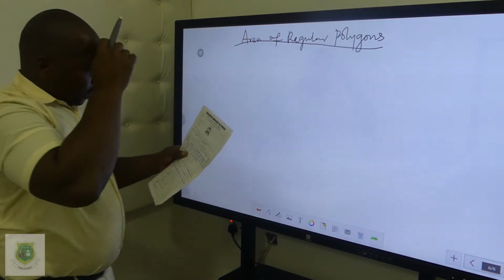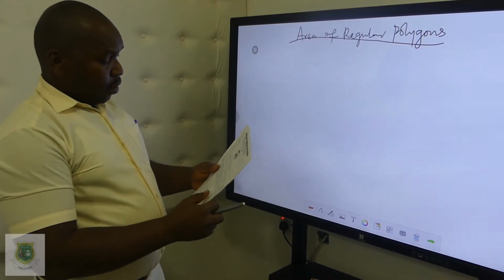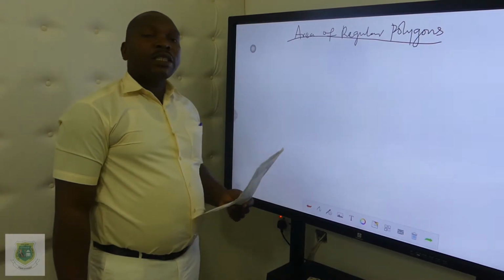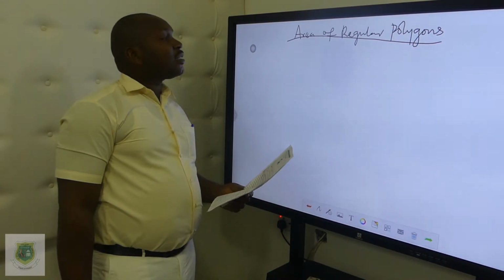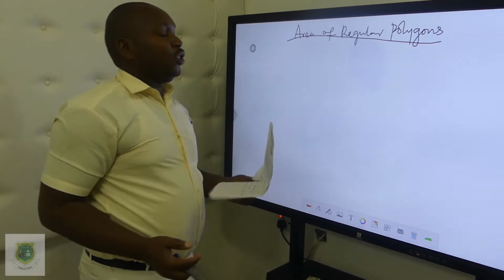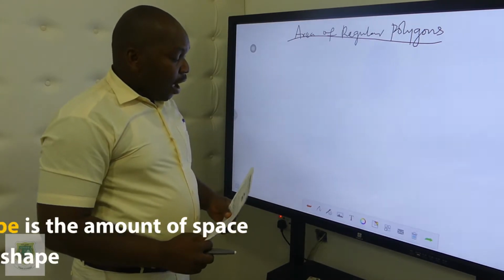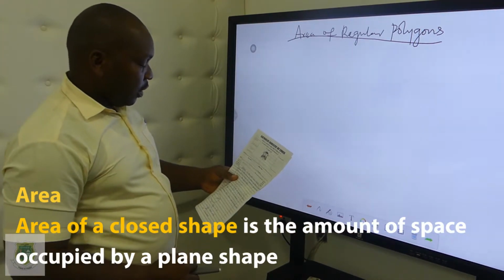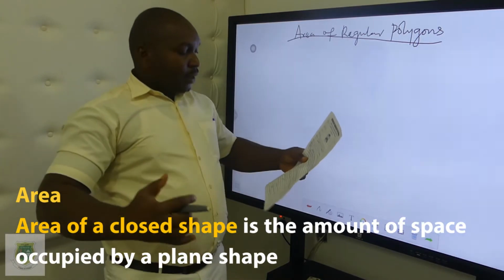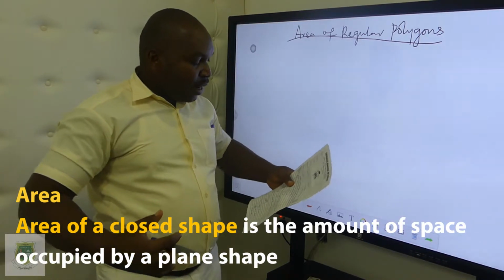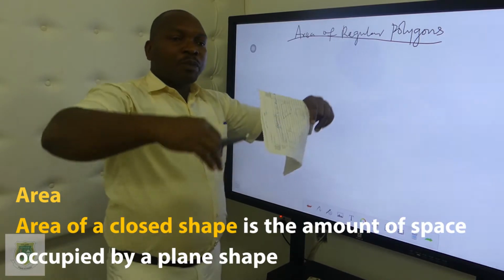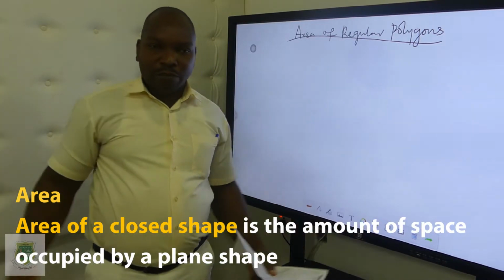How we can calculate the area of a regular polygon. What is area, by the way? If we are asked what is the area of a closed shape, the area of a closed shape simply means the amount of space occupied by a plane shape.